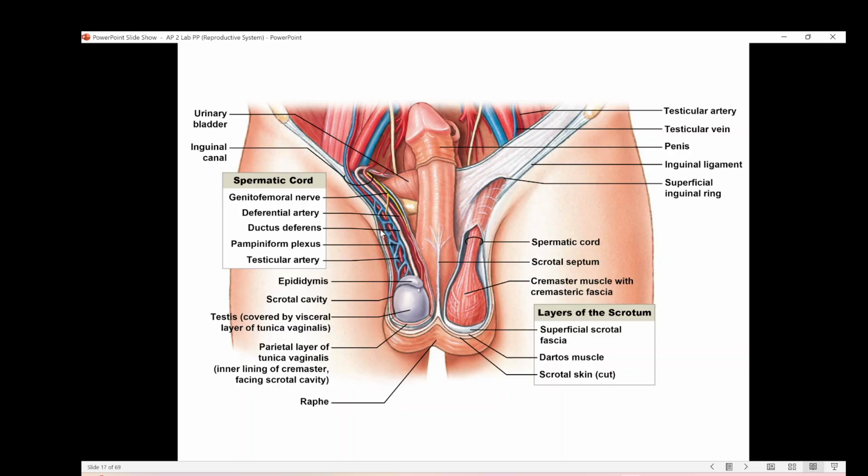One of the reasons for this is that the vein actually takes some of the heat, some of the warmth, out of the testicular artery. If you notice, the testicular artery here is going through this pampiniform plexus, and the pampiniform plexus, this network of blood vessels, actually draws heat out of the testicular artery so that the blood getting into the testicle is a little bit cooler.